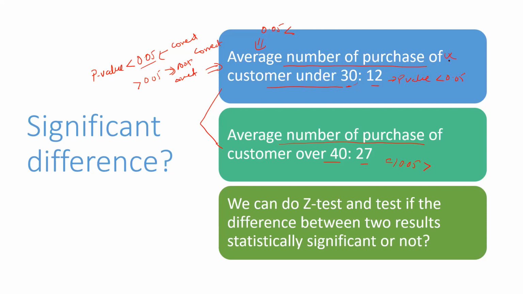If it is greater than 0.05, then it is not correct. If the statistical p-value is less than 0.05, the assumption, like the average number of purchases of customers under 30, is statistically significant. We will go into this in more detail in upcoming classes: what the p-value is and why it should be less than 0.05.